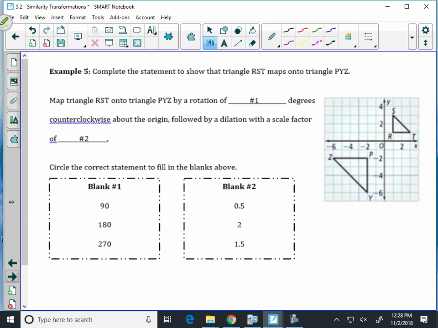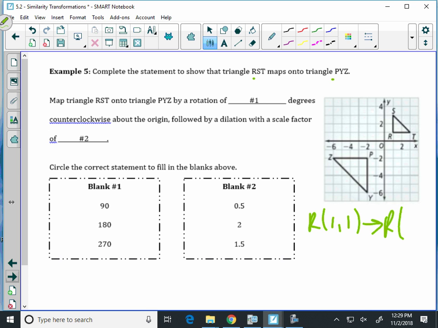Pick one of the points on RST. It doesn't matter. R? We'll pick R. R is at 1, 1. And we're trying to get R to map up with which point in the other triangle? If R is written first, it has to map up with P.